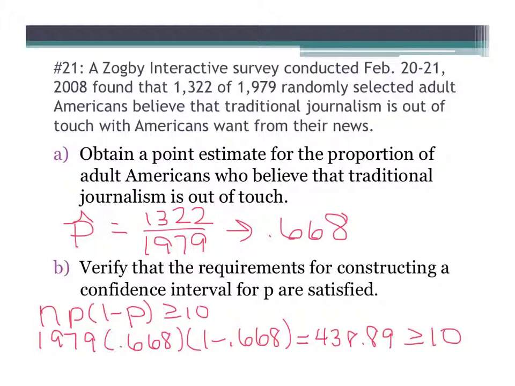Agreed there. And then would we say that 1,979 is greater than 5% of all Americans? I would say so. So that's definitely greater than 5%. So that means we've met all of our criteria.